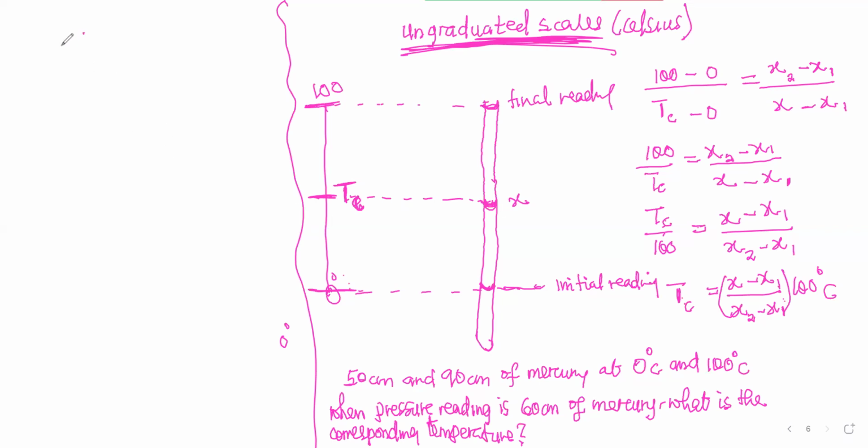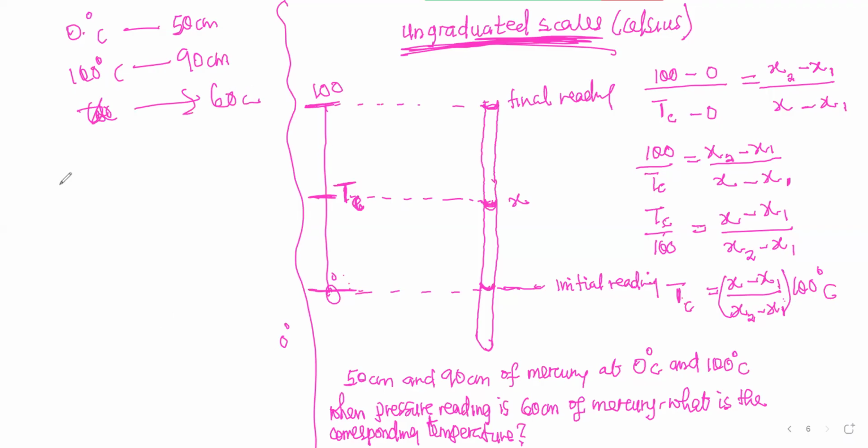We are given 0 at 0 degrees Celsius. It goes with a length of 50. 100 is going with 90. So at 60, what is the corresponding temperature?